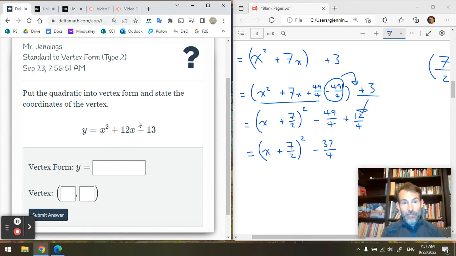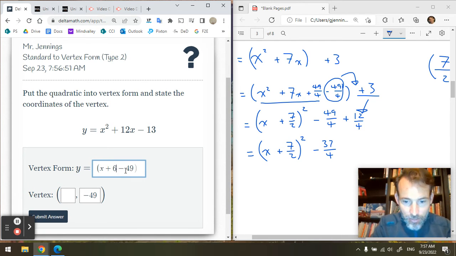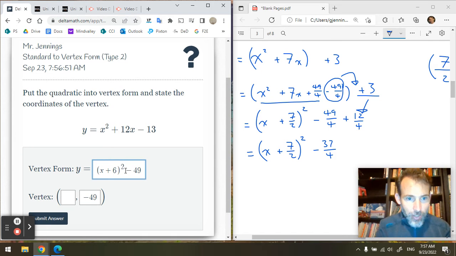So my k value is going to be minus 13 minus 36, which is minus 49. Okay. So this will be minus 49 out there. And then we're going to have an x plus 6 and bracket squared. Okay, so my vertex will be at minus 6.